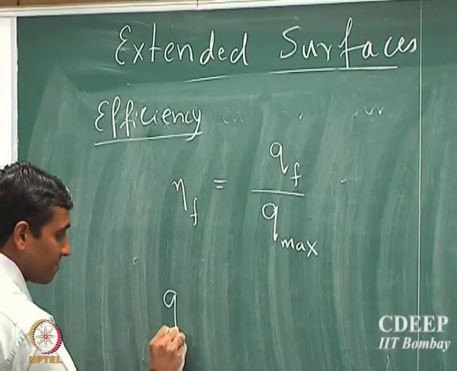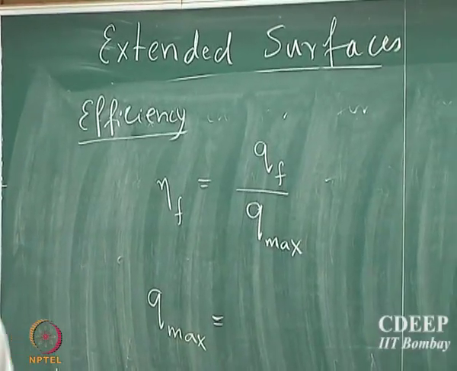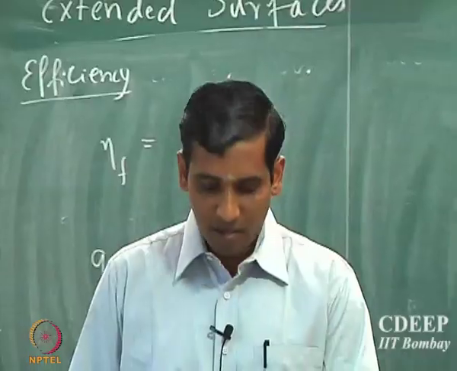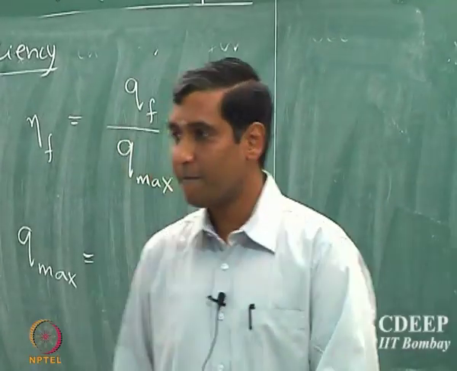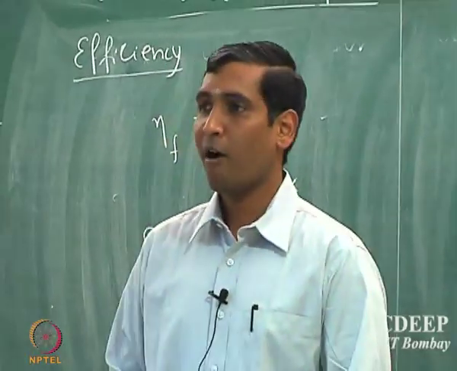What is Qmax? How can we find the maximum possible? So let us pose a slightly different question. When can we achieve maximum heat transfer from a fin of a given geometry?